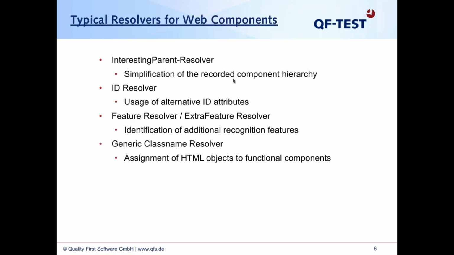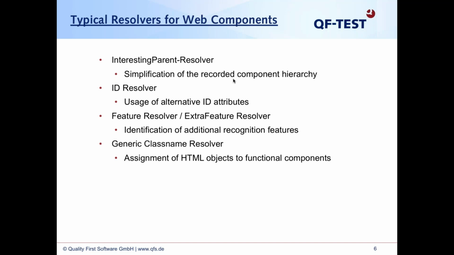So, for example, if we implement an interesting parent resolver, we can teach QFTest which levels of your website are important for recognition. So which of them carry semantic meaning, and which levels, which components are only there for, let's say, structuring the information for visualization.